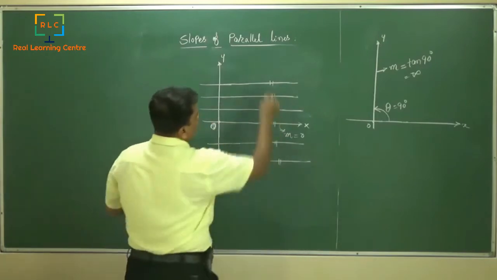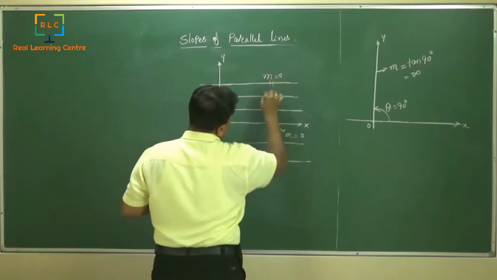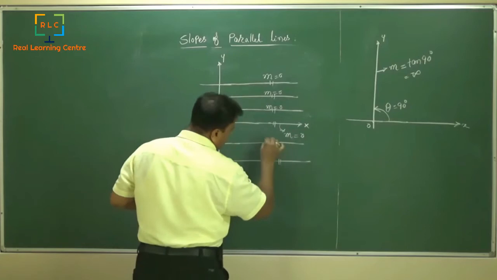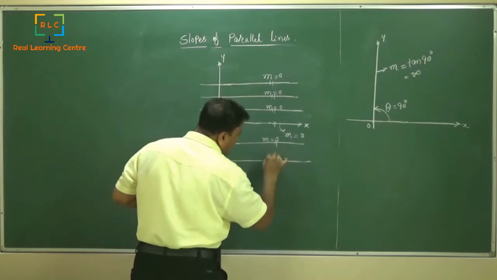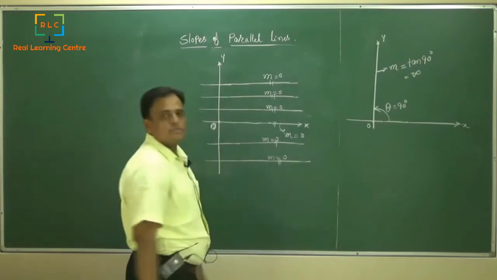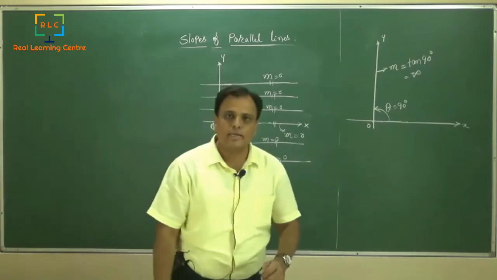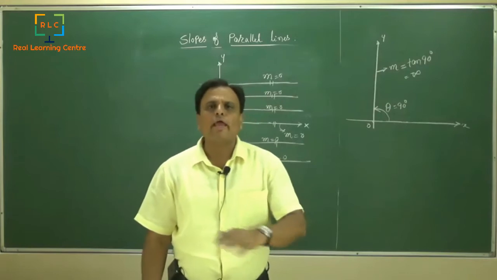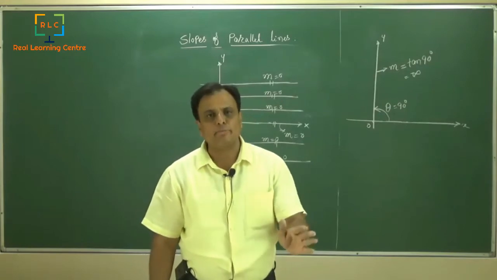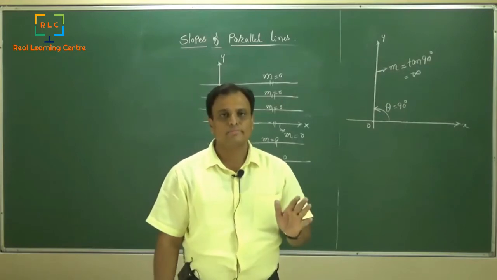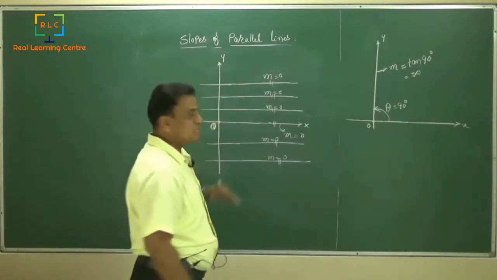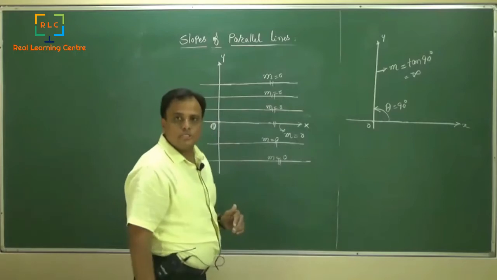Then definitely for all the lines which are parallel to the x-axis, the slope will be 0. So just remember this and make a note: the slope of any line parallel to the x-axis will be taken as 0.